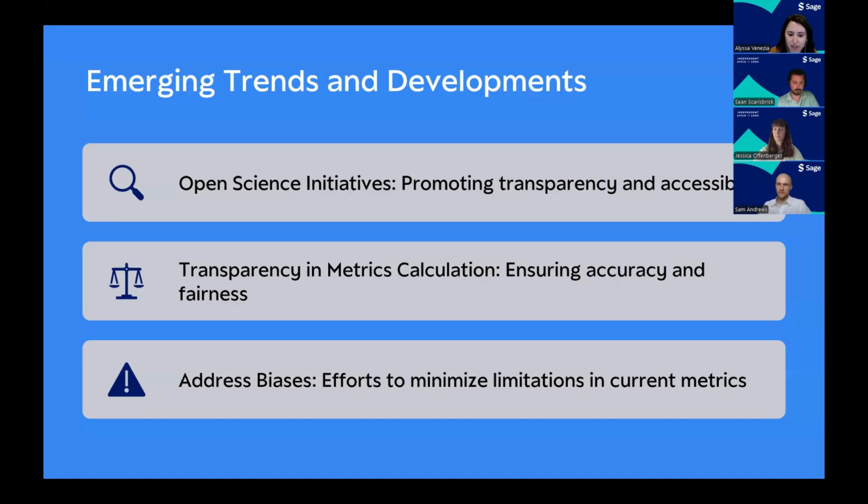And finally, as we talked about, there is an increasing emphasis on responsible research evaluation, as reflected in initiatives like DORA. These frameworks encourage a more nuanced approach to evaluating research, focusing on qualitative aspects rather than relying solely on citation counts. Together, these trends signal a broader, more inclusive and fairer approach to measuring academic impact.